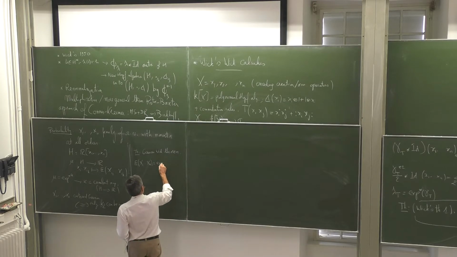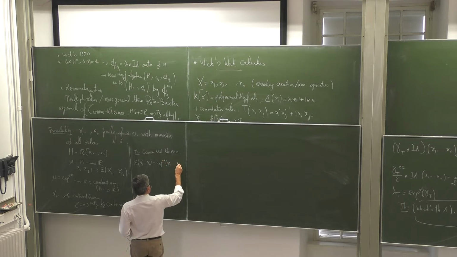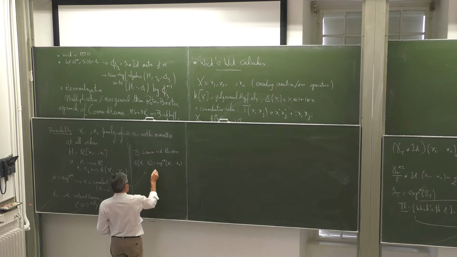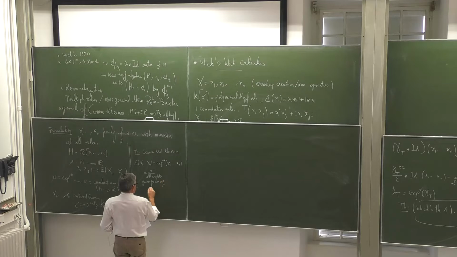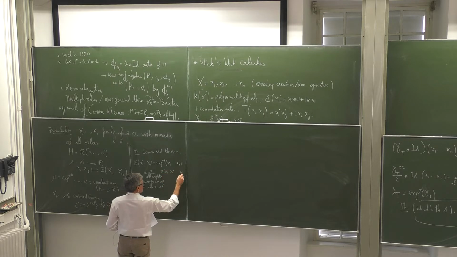So in algebraic form, by computing the convolution exponential of the cumulant map applied to x1, ..., xn, which is the sum over all complete pairings among the x_i's, so something like x1 with x5, x2 with x8, and so on.